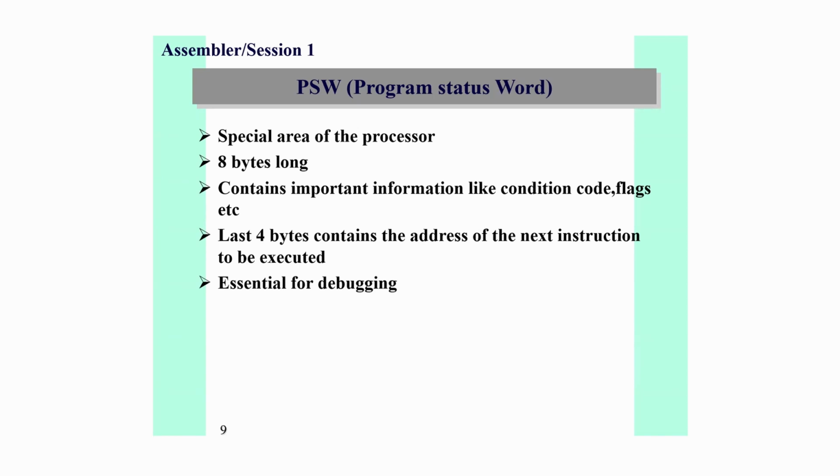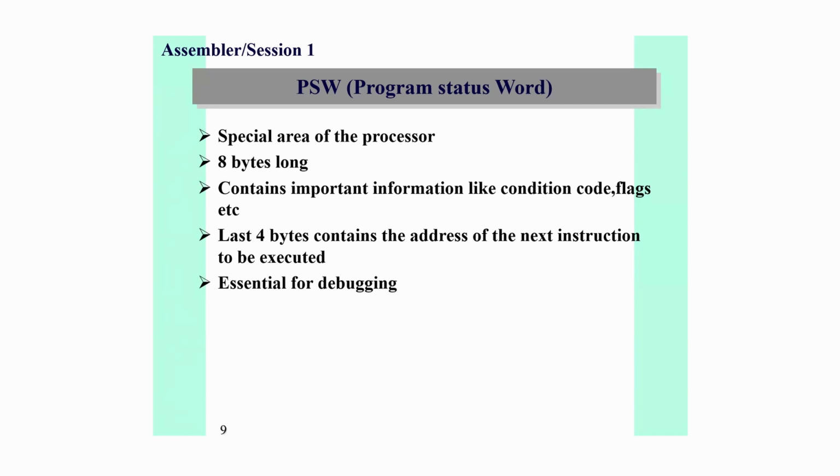So in assembler, everything revolves around addresses. When it is executing, the addresses play an important part. So the PSW holds the address of the next instruction to be executed. When it is executing a current instruction, it will be holding the next instruction to be executed.